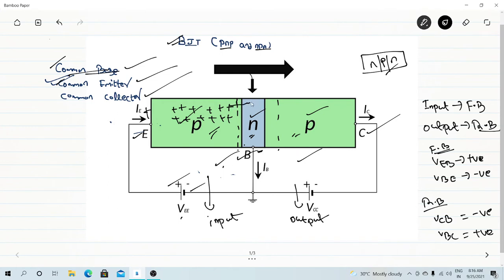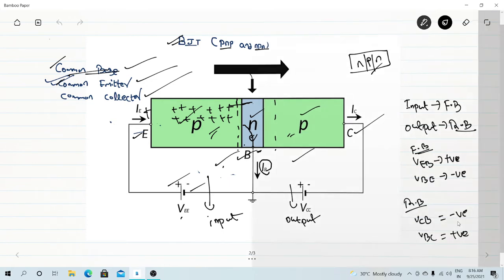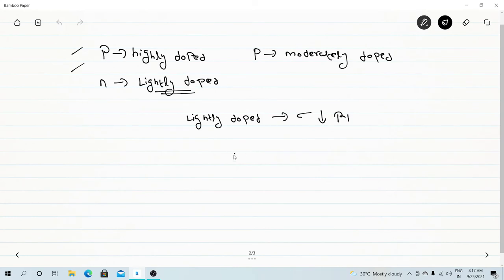So these holes can go to this side, and when they go to this side, very few holes can pass through, because the n side is lightly doped and resistance is very high. So very few holes can follow this path to give us base current IB. And we have a relation that is always valid: IE must be equal to IB plus IC.